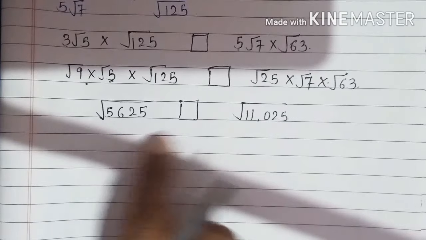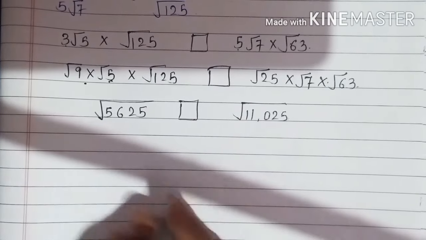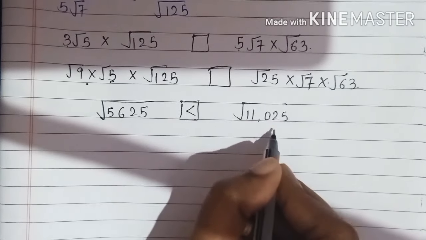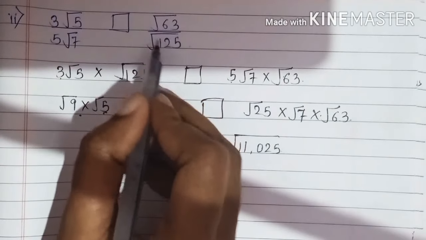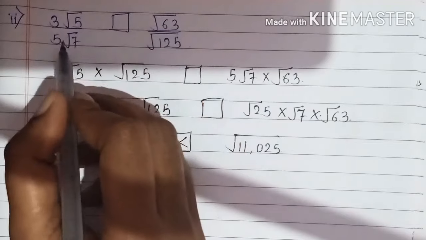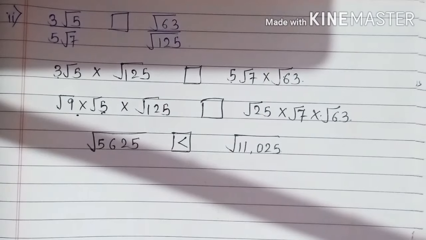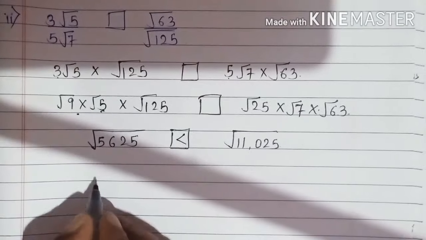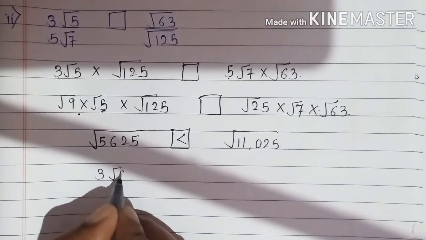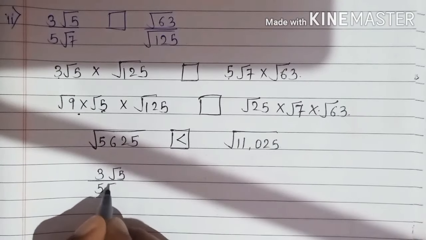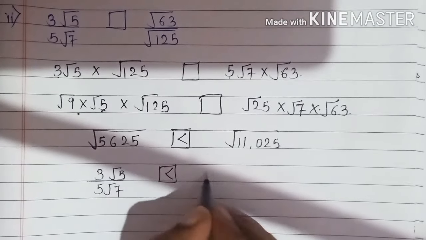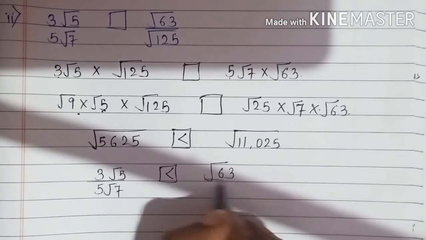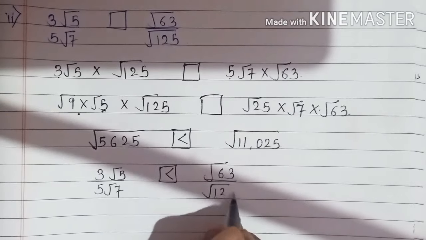Now among these two, 11025 is greater, so you will put the greater sign for this. That means this root 63 upon root 125 is greater than 3 root 5 upon 5 root 7. So we will copy the question. 3 root 5 upon 5 root 7 is smaller than the square root of 63 upon the square root of 125.